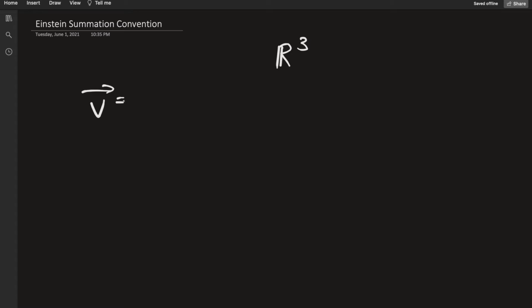So if you have a vector V, you can break it down into its respective components, right? So there's an X component and an X basis vector. Engineers usually write this as i hat, but I'm using e sub x hat, Vy ey hat, and Vz ez hat.